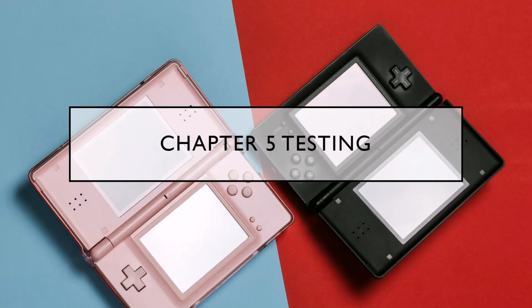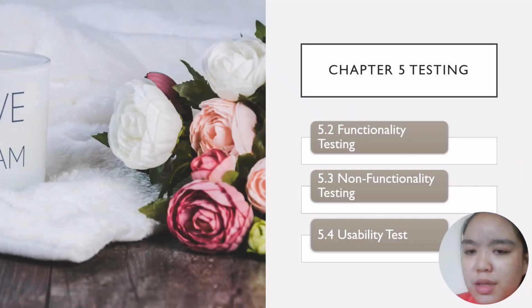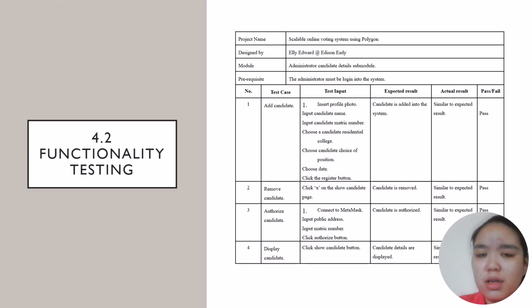Now for the project testing part, it includes the functionality testing, the non-functionality testing, as well as the usability testing. For the functionality testing, for example, here a table shows the admin candidate details submodule.